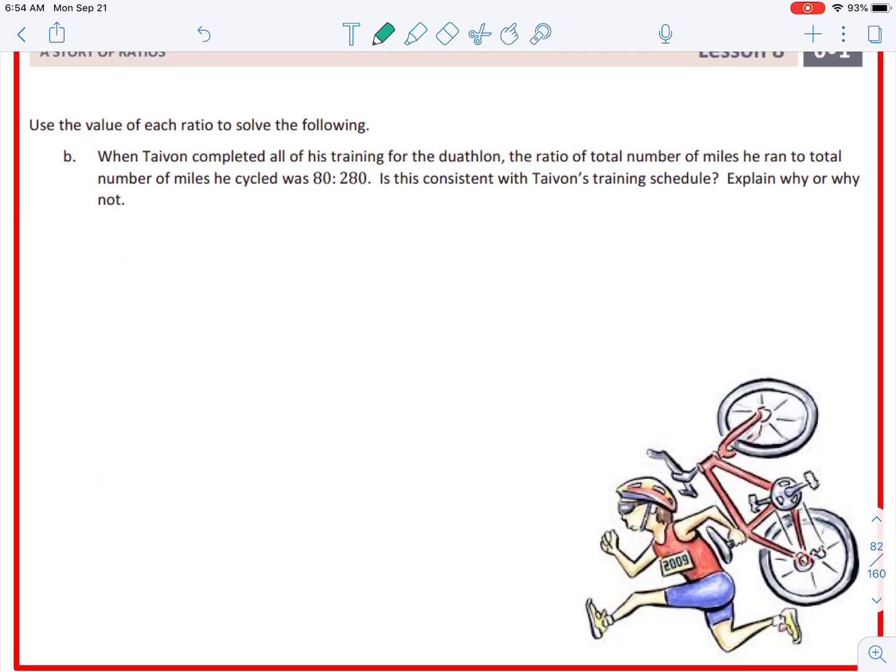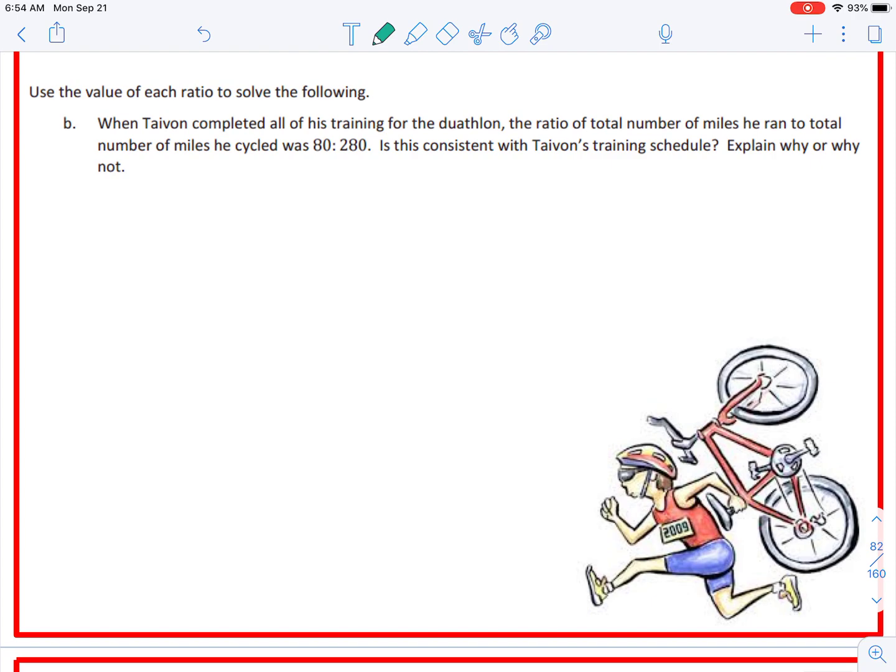Let's move on. Letter B. When Tavon completed all his training for the duathlon, the ratio of the total number of miles he ran to the total number of miles he cycled was 80 to 280. Is this consistent with Tavon's training schedule? Explain why or why not.